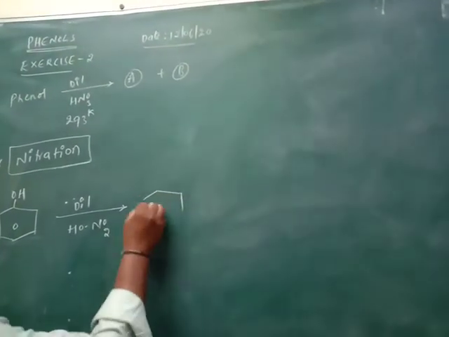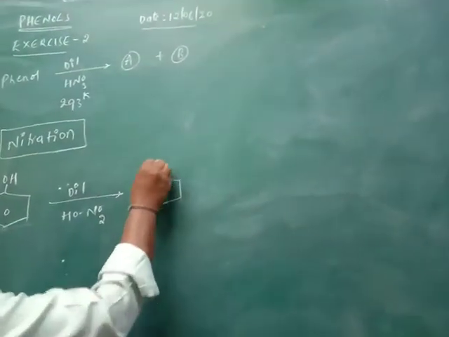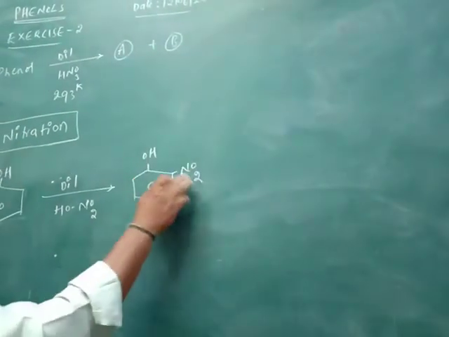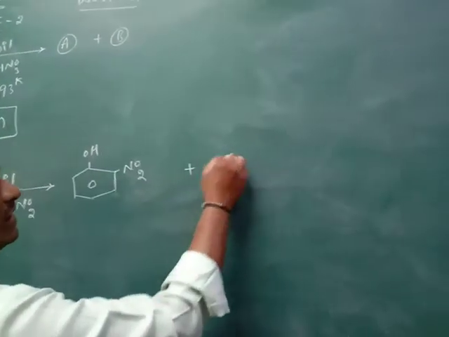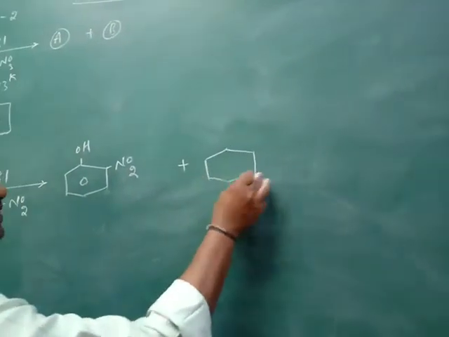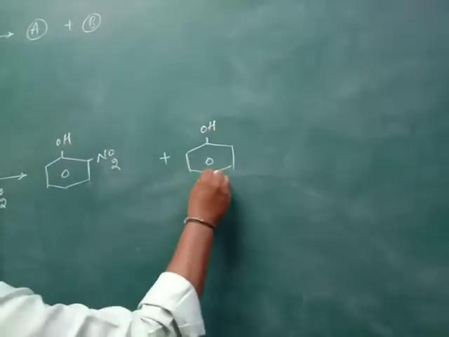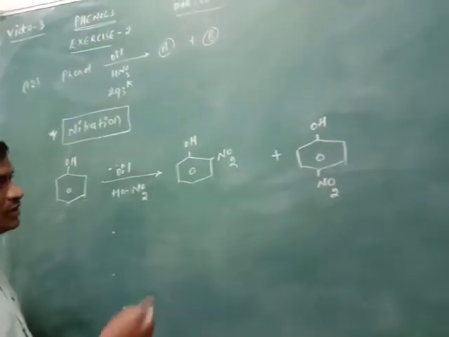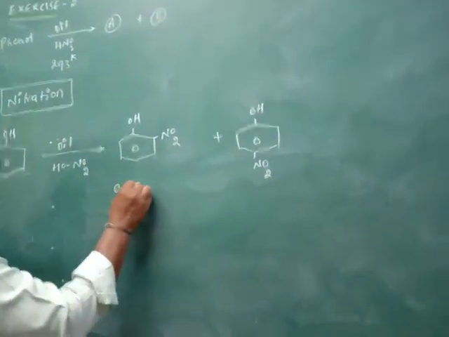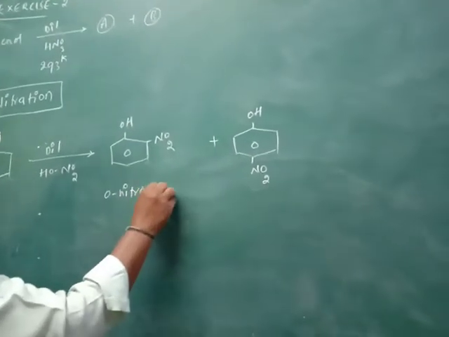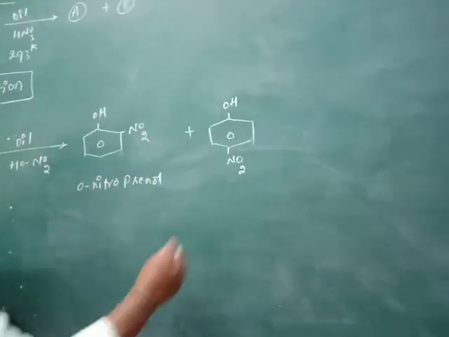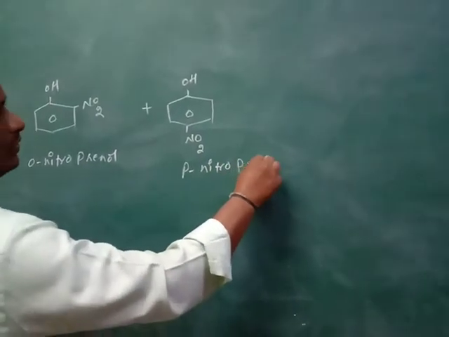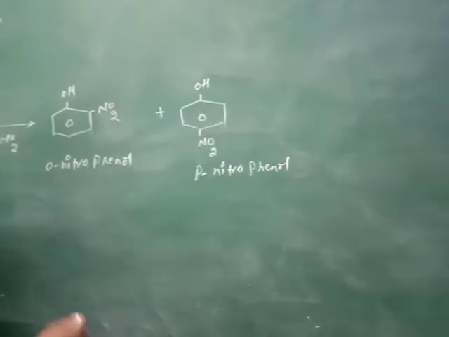It is OH and NO2 at the ortho position, orthonitrophenol. The second compound is paranitrophenol, OH with NO2 at the para position.